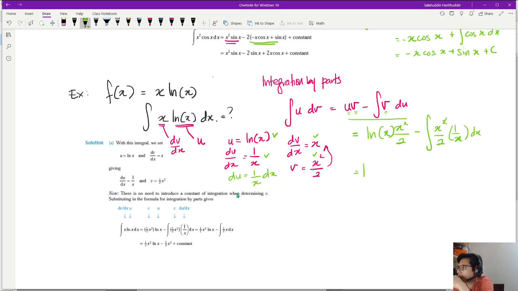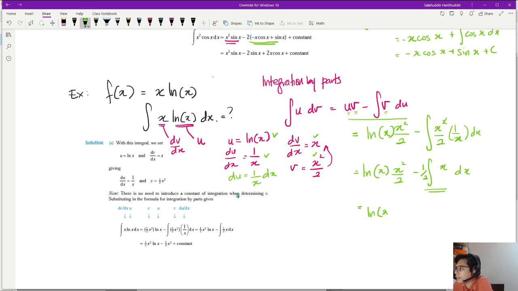So I can rewrite everything again. Minus the integral of x over 2 dx. This is basically a constant, so I can bring the half out here, and then find the integral of this. That one is easy.